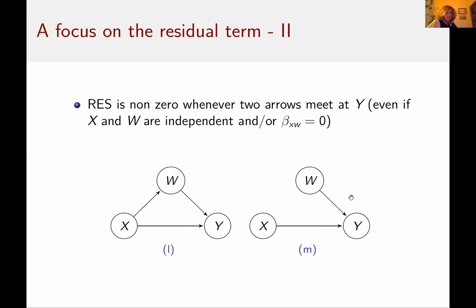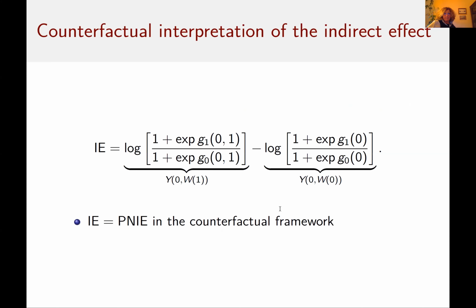Remember that in a linear system, this residual term is 0 because the marginal effect here is always equal to the conditional effect as soon as these two are marginally independent. So let's try to reconcile the path analysis effects with the causal effects that I already introduced. It turns out that the indirect effect is the pure natural indirect effect, the one introduced by Robins.